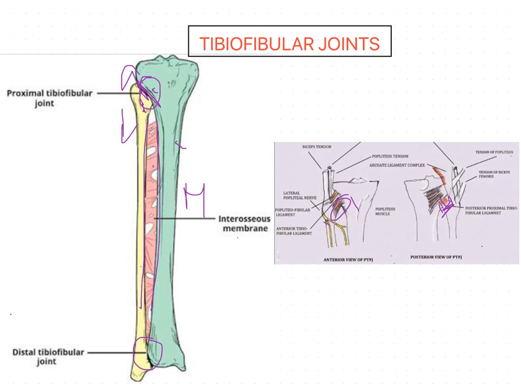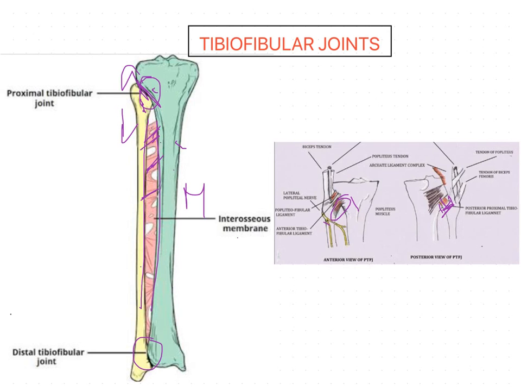The fibers mostly run downwards and laterally, from the lateral border of the tibia to the anteromedial border of the fibula. Only a few fibers run in the opposite direction. So this is about the ligament.